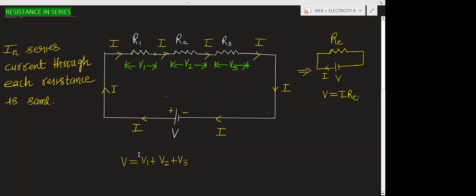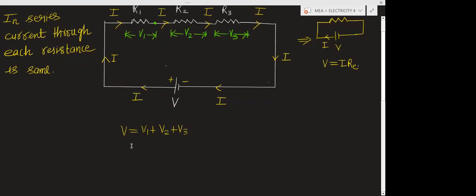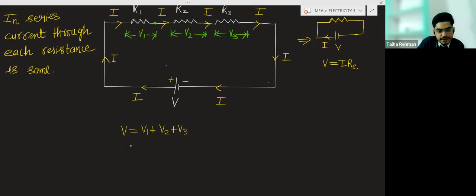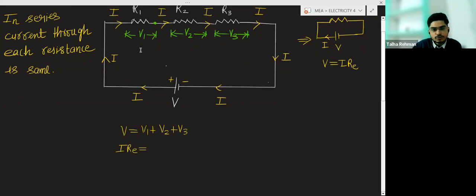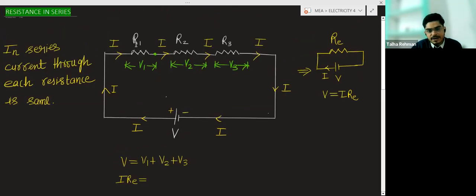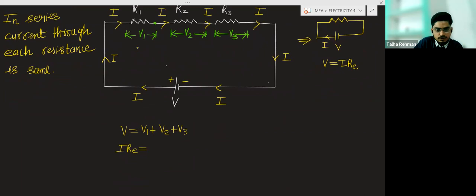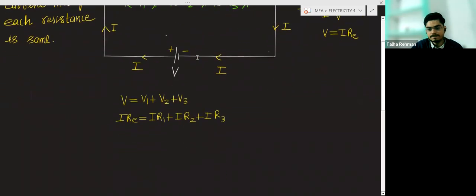Now come here. So this is V. V can be written as I into Re. Now V1 can be written as I into R1 because V is equal to IR. V2 can be written as I into R2. V3 can be written as I into R3 because current across each resistance is same.